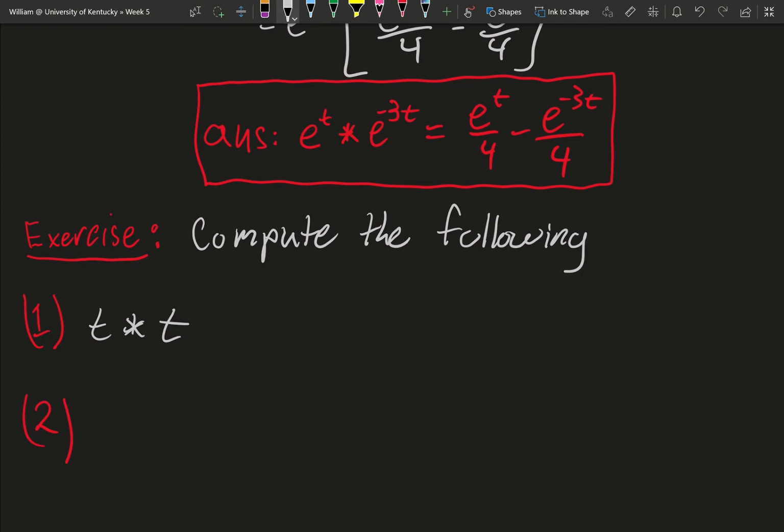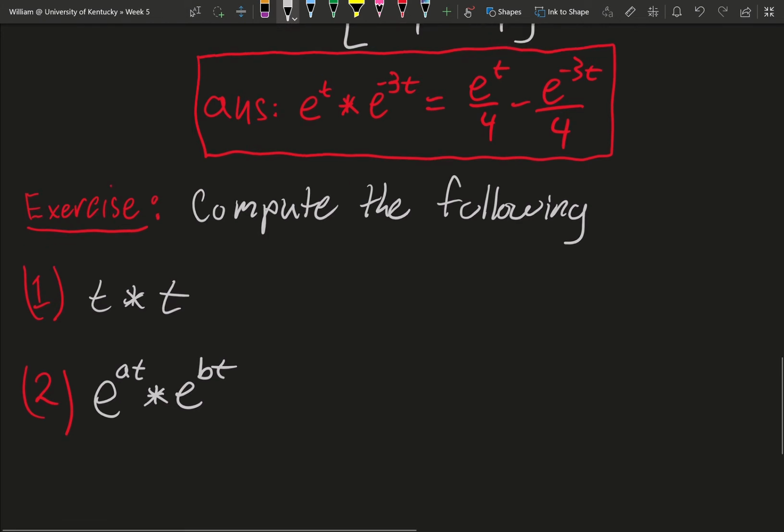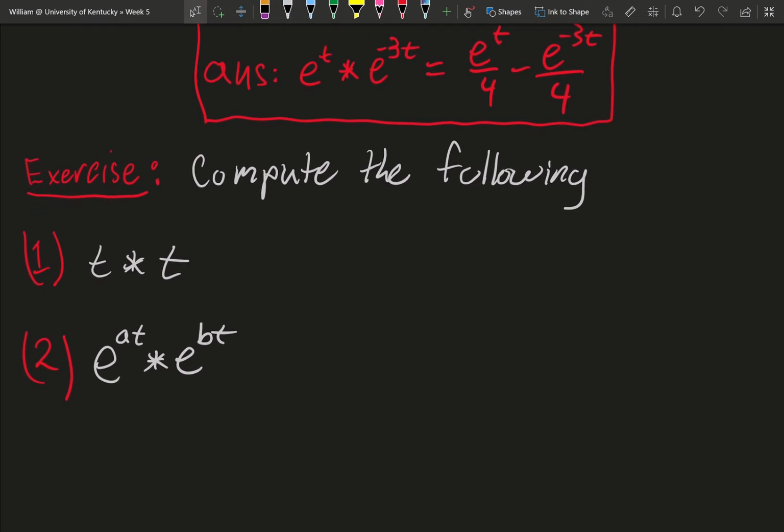For the second one, I want you to compute the convolution of e to the at with e to the bt. And yeah, let's actually just leave it there. So take a pause, take a second, and try to compute these.